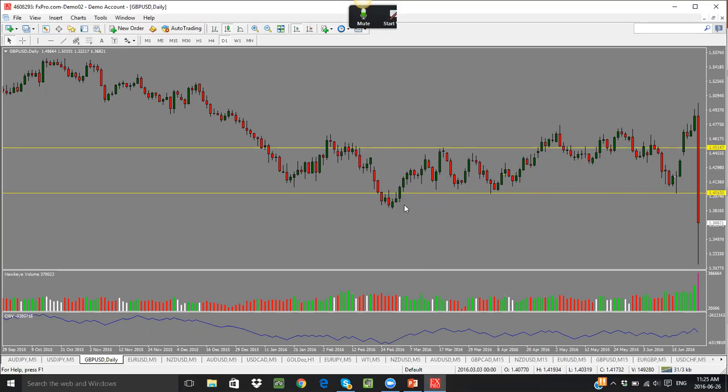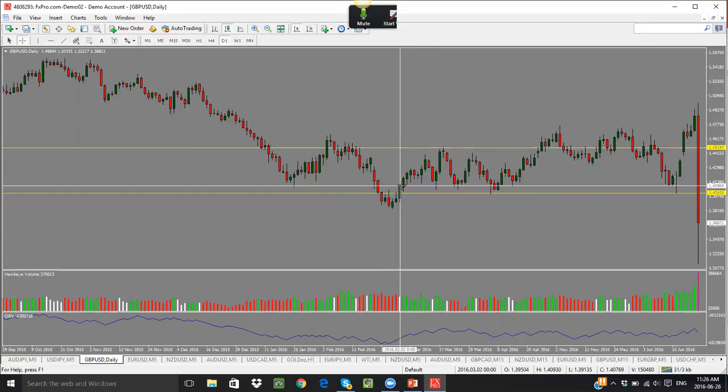If you take a look here, price is moving up, and this is the volume indicator at the bottom. As the price moves up, we have green volume that comes in. This is buying volume. This confirms that there are buyers in the market. Then price starts to pull back a little bit, but we still see green volume.